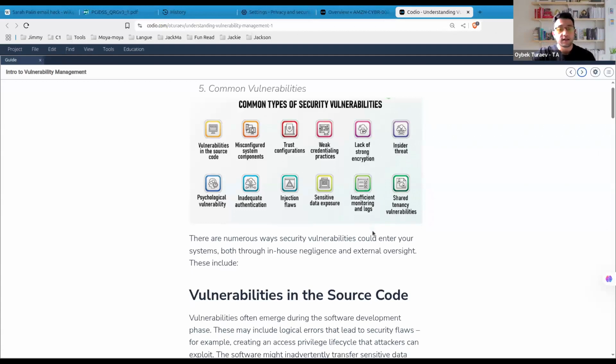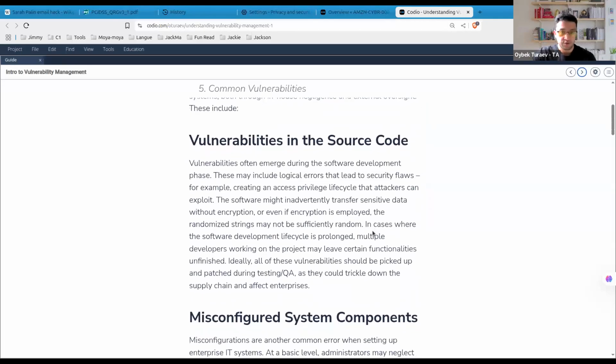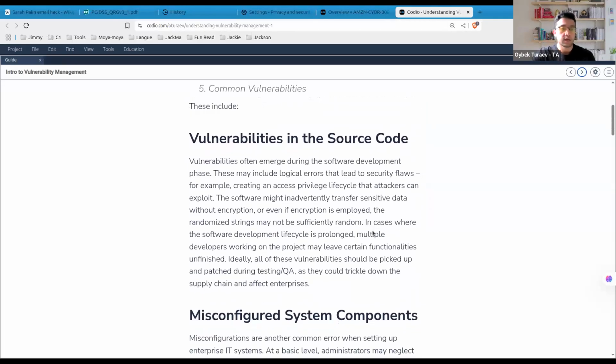Now let's talk about each of them specifically, because most of the time we have to face these problems in today's world. Vulnerabilities in source code: what kind of problems can we expect? Developers today write their applications, but sometimes we see attacks as a result of a bug or some insecure features implemented by the developers in applications.